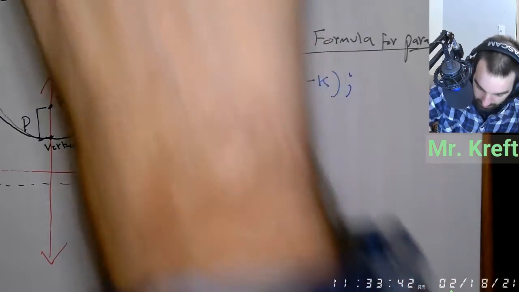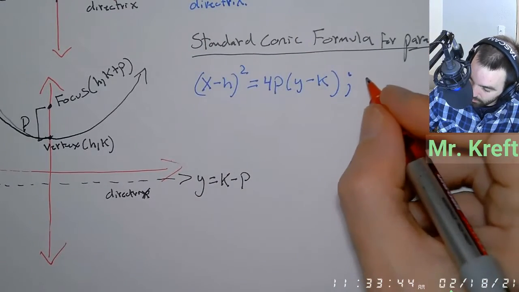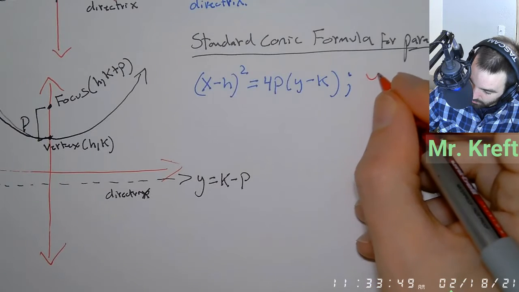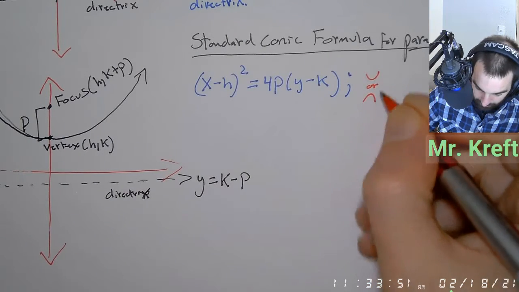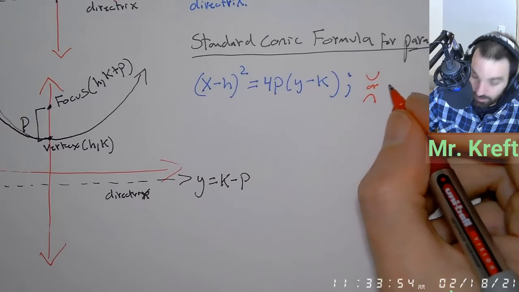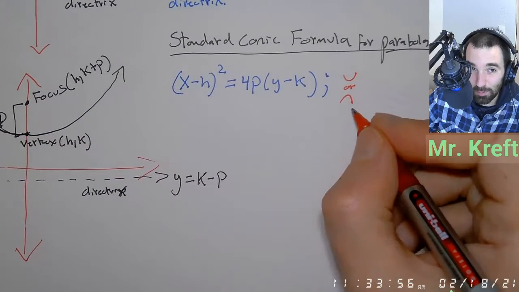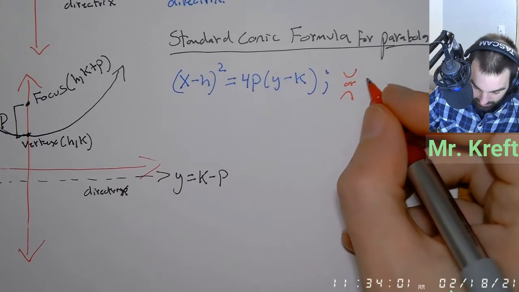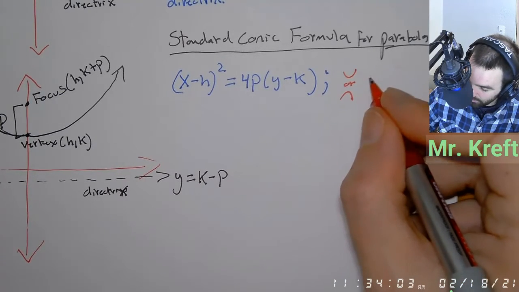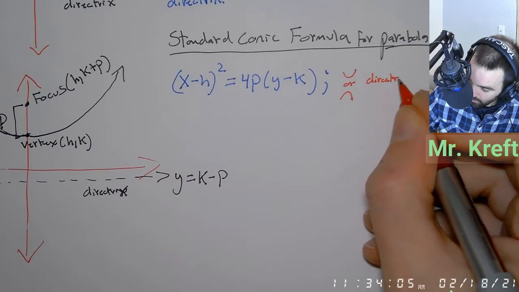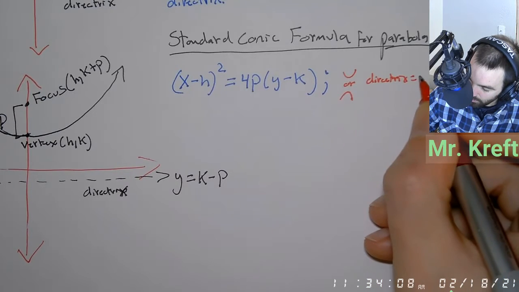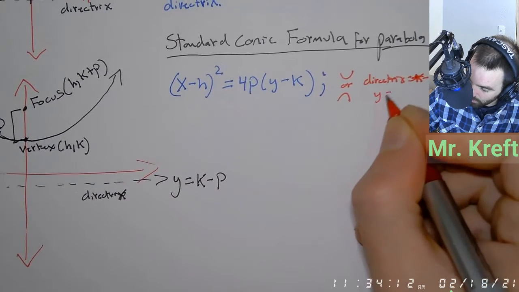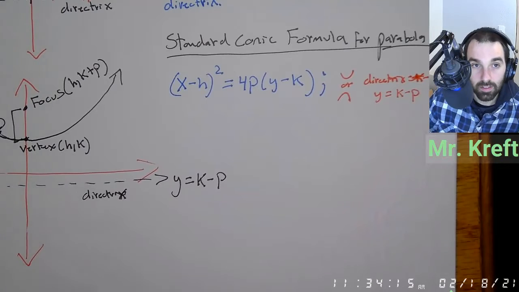And just to be clear, this picture is going up or down. And the directrix equals, oh sorry, it should be y equals k minus p.